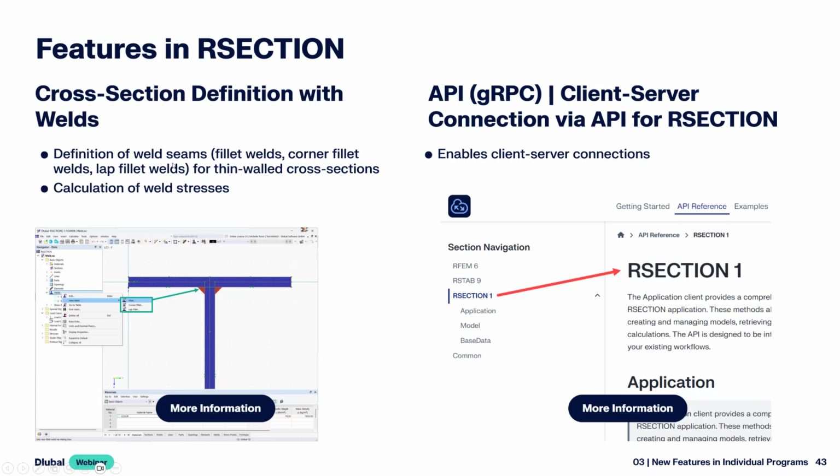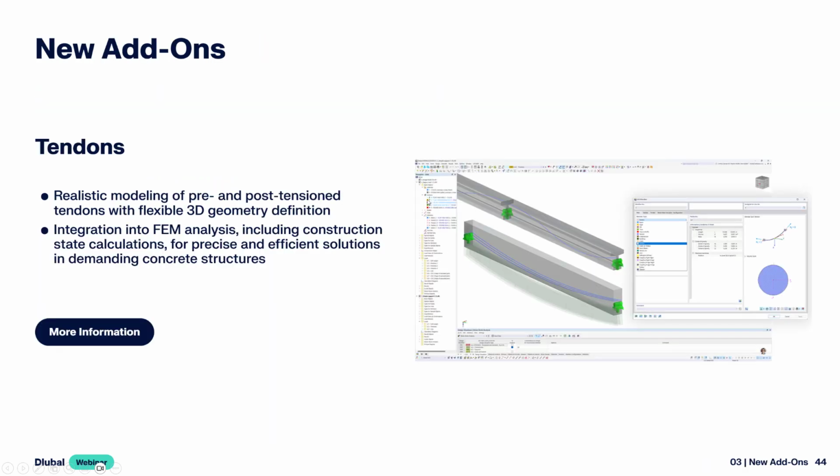Then features in RSECTION: the cross-section definition with wells is possible. RSECTION can now be connected to the API. You can see that also in the client server, not only for RFEM 6 and RSTAB 9, also for RSECTION now. Then we turn to the new add-ons.